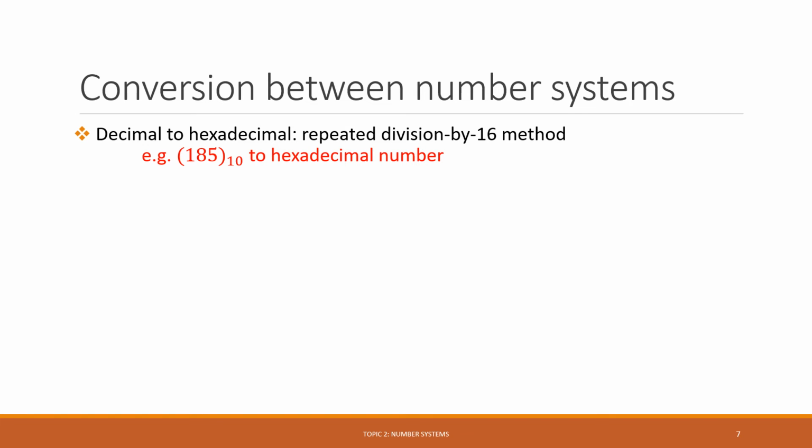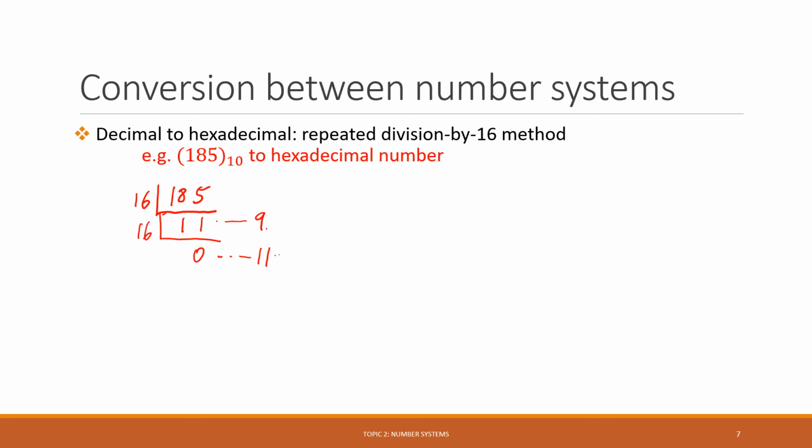From decimal to hexadecimal, similar way. We use the decimal number we wanted to convert, divided by the radix. Now it's 16. So we got 11, and the remainder is 9. Then we divide by 16 again. So we got a 0, and the remainder is 11.